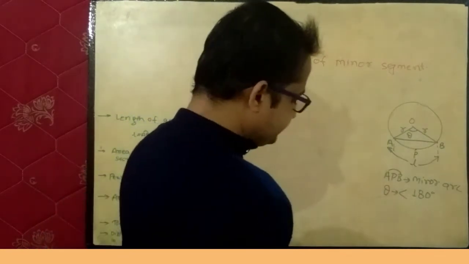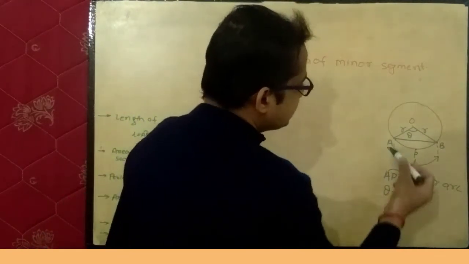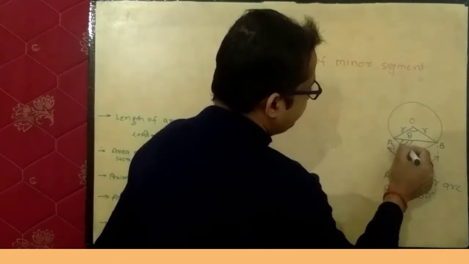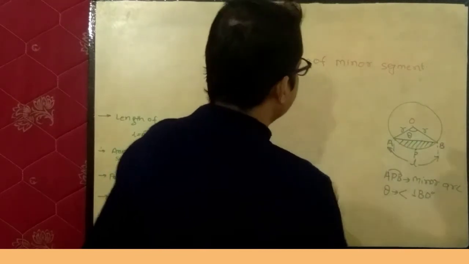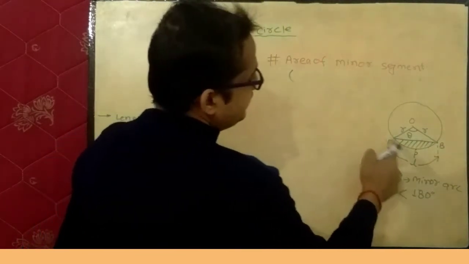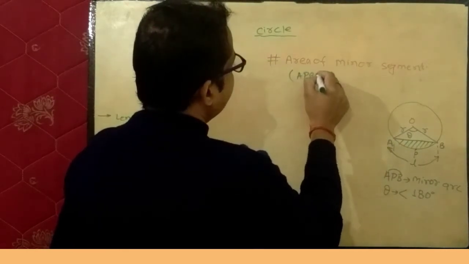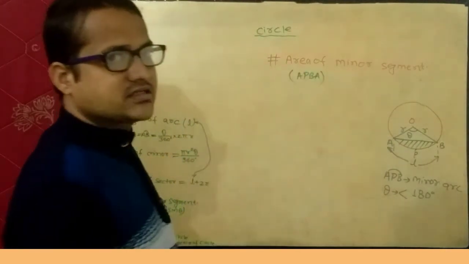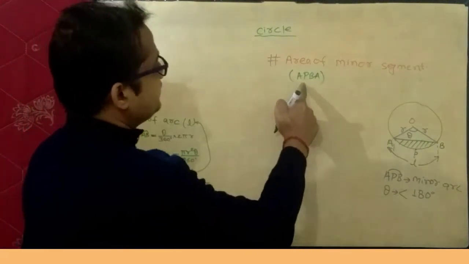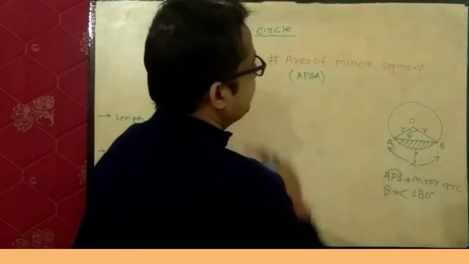This portion in this figure, that is APBA, is minor segment, and you have to calculate the area of this minor segment.